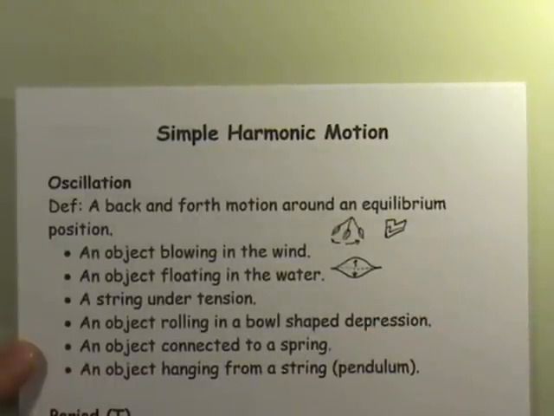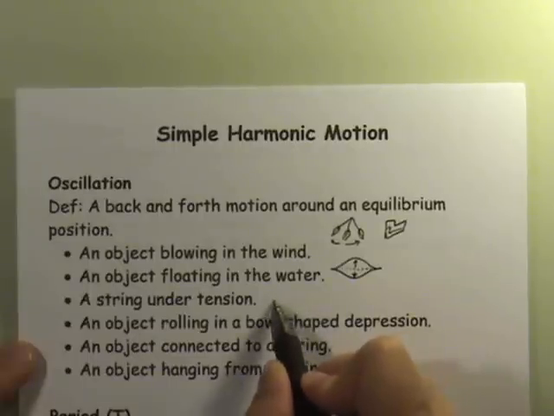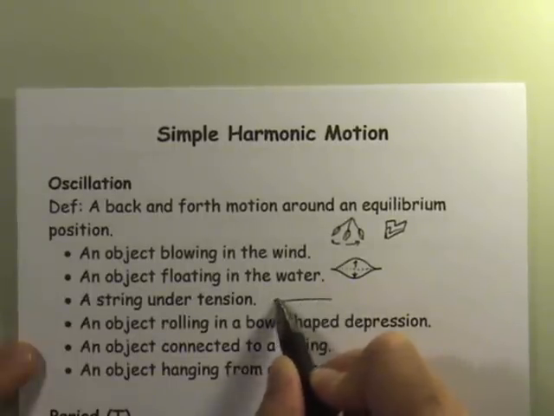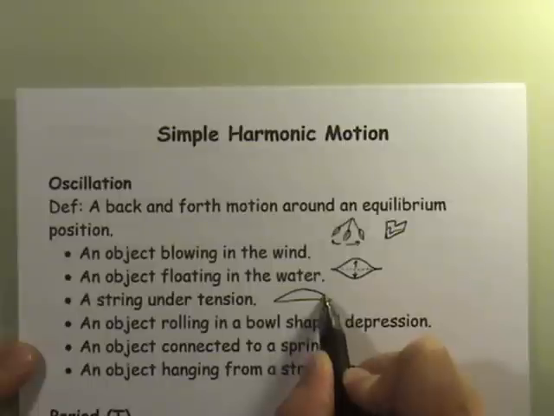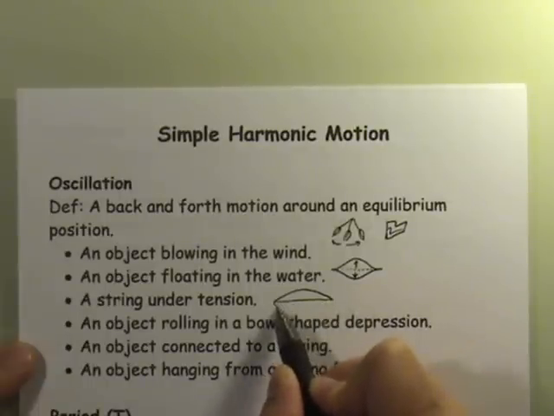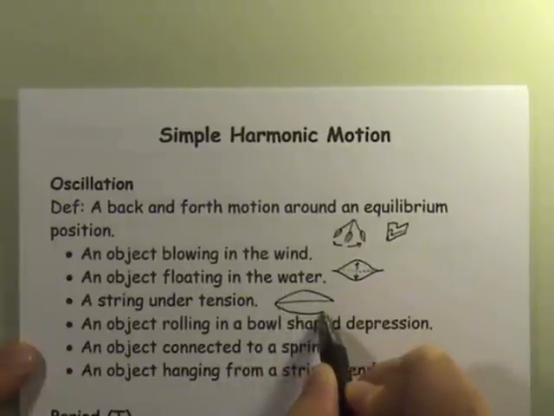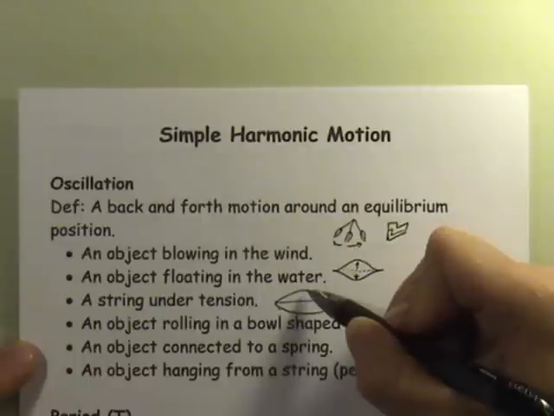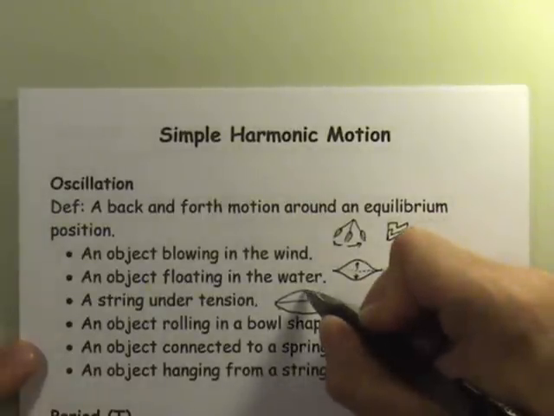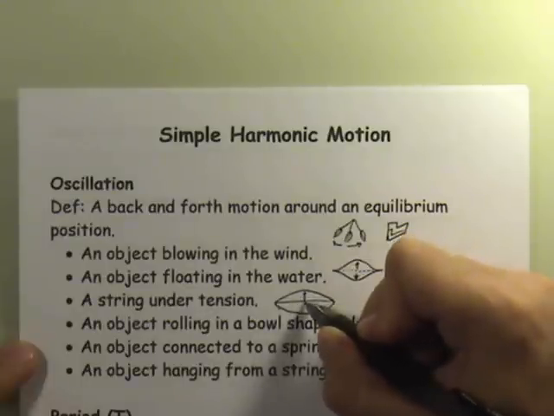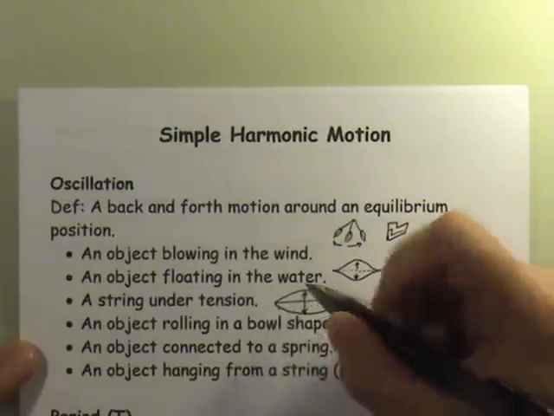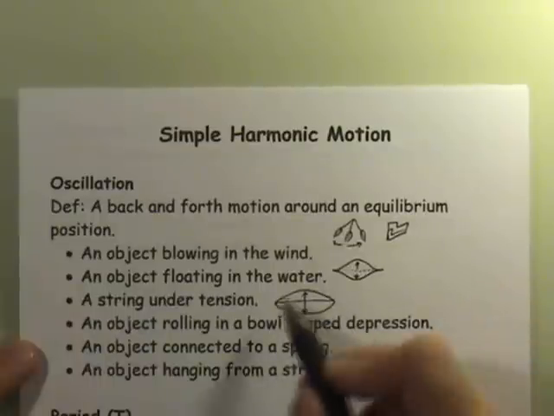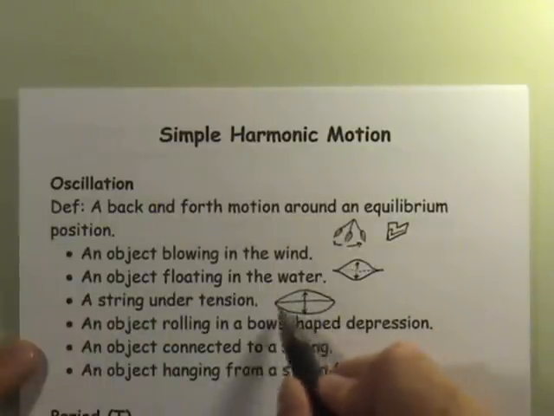Strings under tension is another great example, and it looks very similar to this. If you pull a string that's under a significant amount of tension, like a guitar string, so if we were to pull the string upward and then allow that string to go, it would follow a similar motion. The string would begin to oscillate back and forth around that natural equilibrium position.